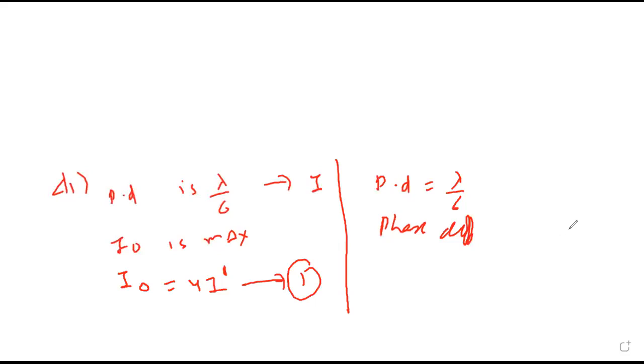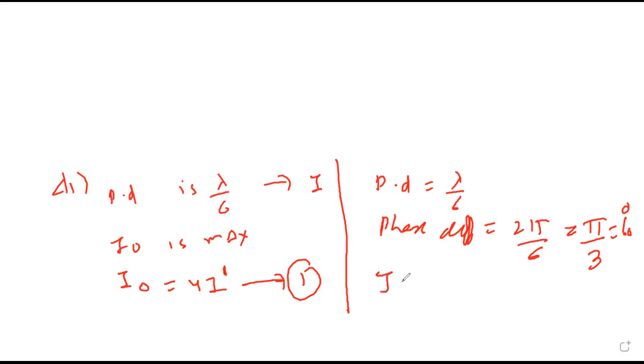Phase difference is 2 pi by 6, so pi by 3, that means 60 degree.